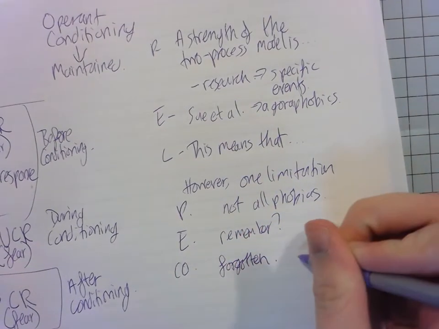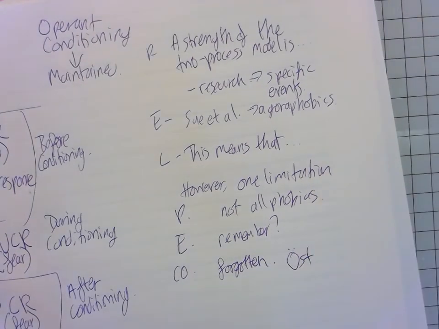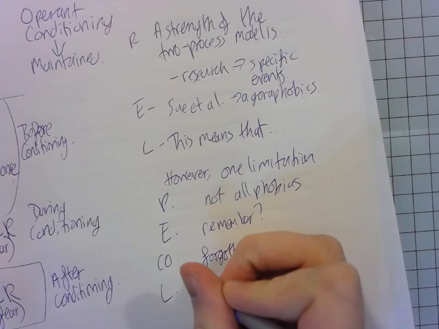And there's a researcher called Ost who said that. So he said that it is possible that a phobic had a traumatic event, but then they forgot that. They forgot the traumatic event from happening, but they're still left with that phobia. And then I can link back. This means that.